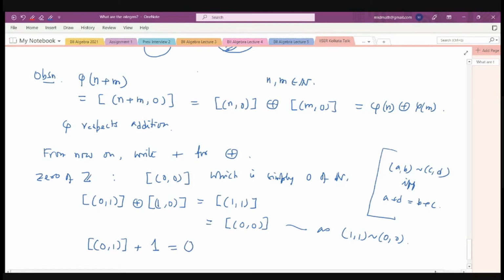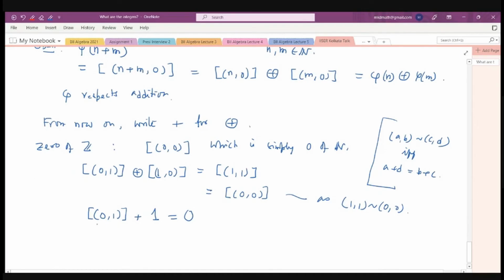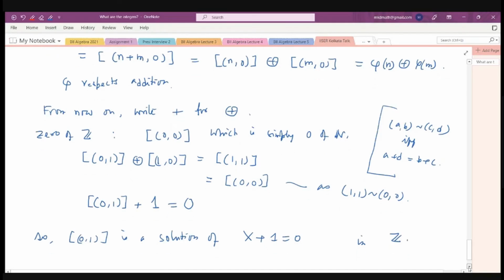So you have found an integer, an element, (0, 1), which is a solution of x plus 1 equal to 0 in Z, which you did not get in natural numbers.